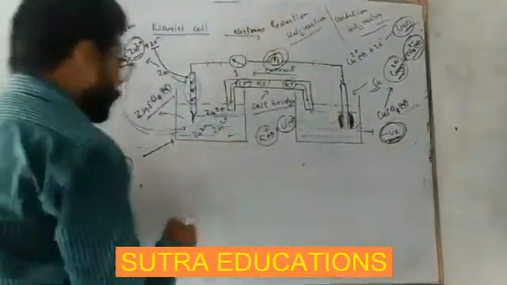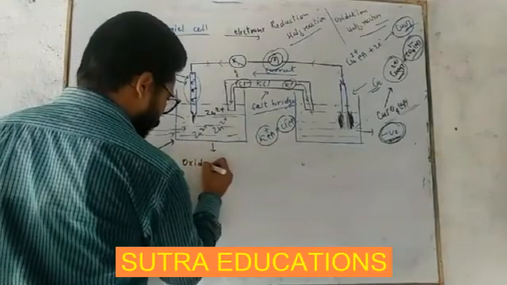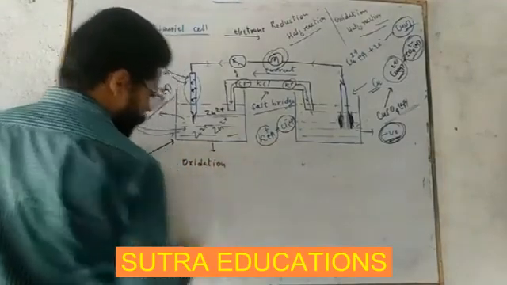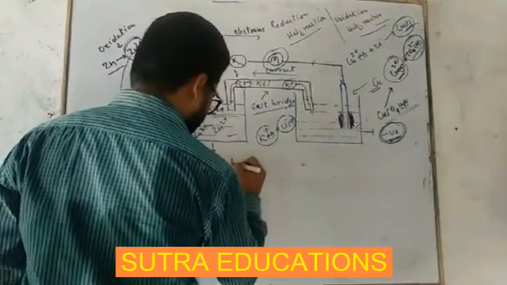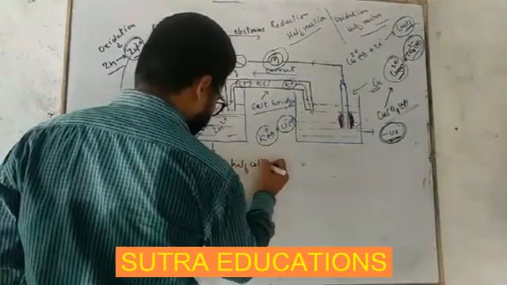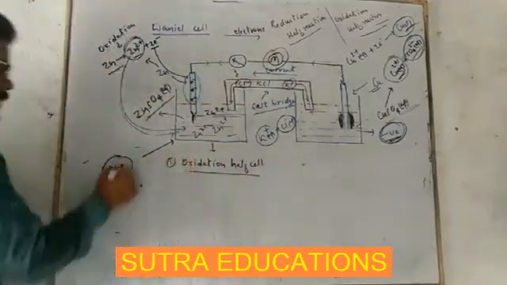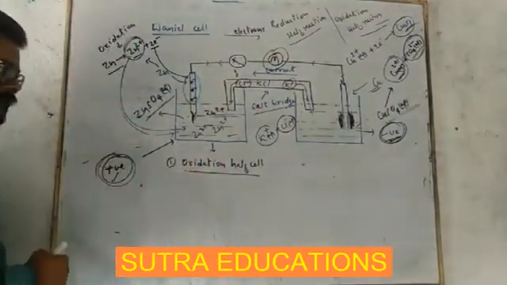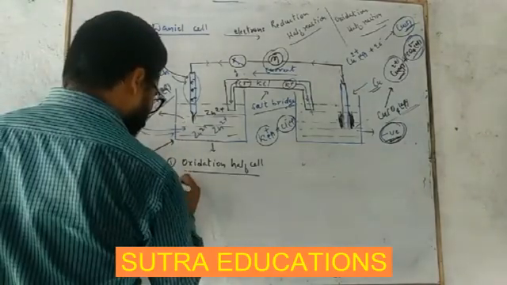So this is called the oxidation half cell. I told you here it is positive, so it is also called the positive half cell.